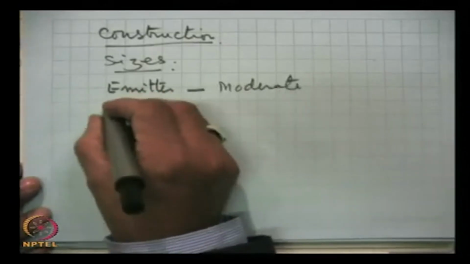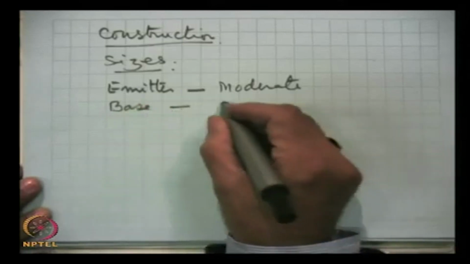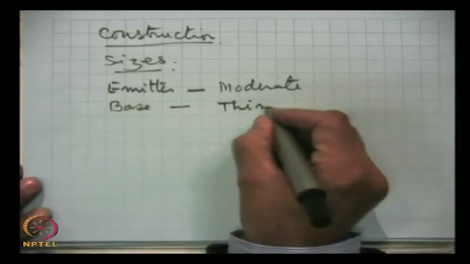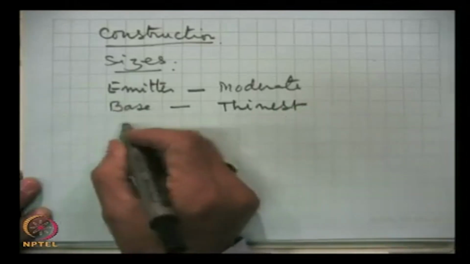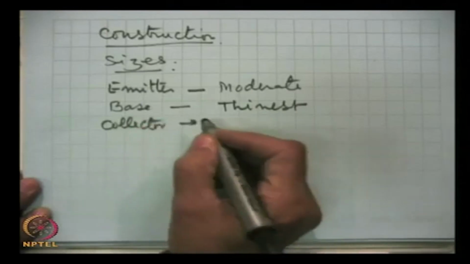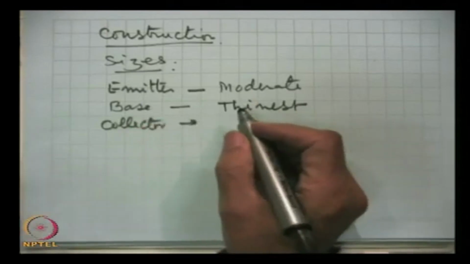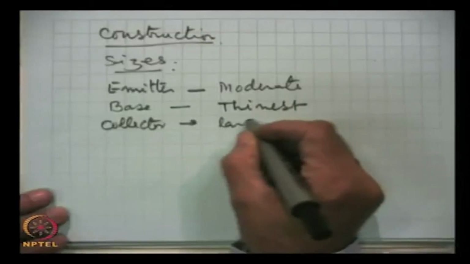The base is the thinnest, and the collector, when we compare the three sizes in a transistor, size of emitter, base, collector, has the largest size.